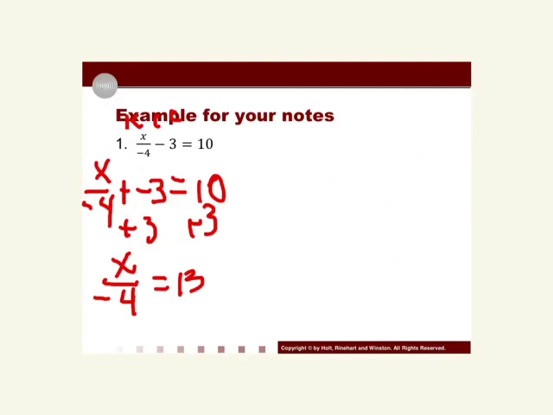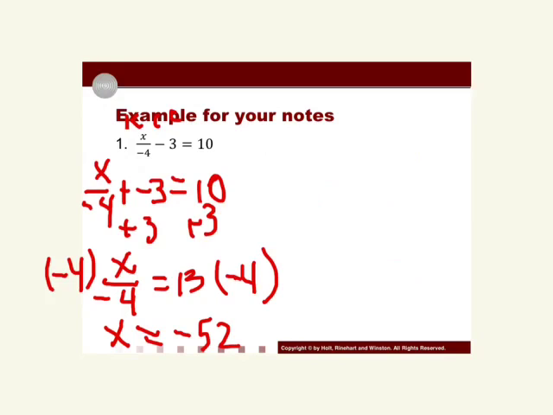And now we have a negative 4 in the denominator. So we're going to multiply by the negative 4 on each side so that we can cancel out the negative 4 and have x alone, and then that equals a negative 52.